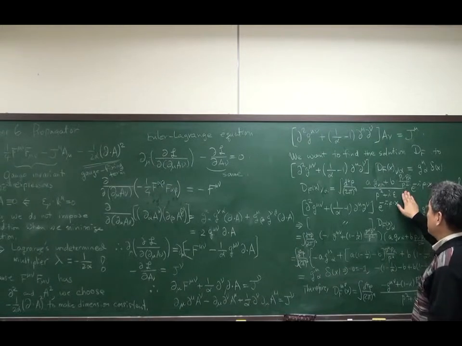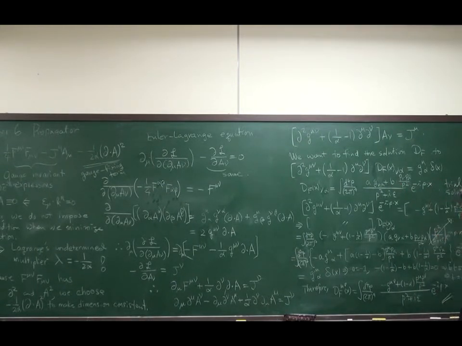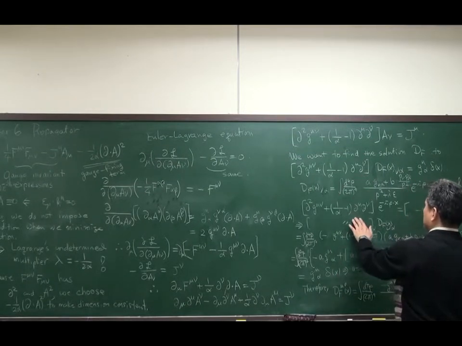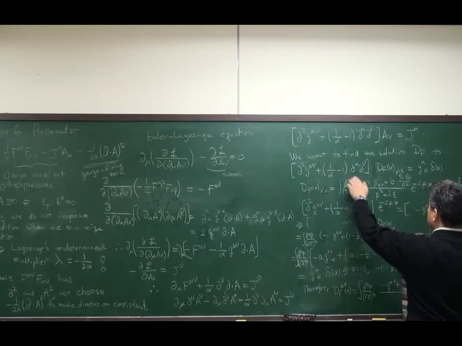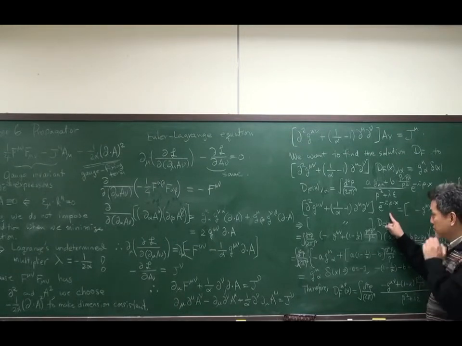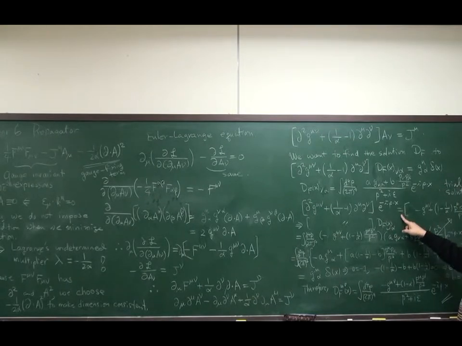So let us substitute this trial solution into the original equation. Then the same operator appears here, and that operator acts only on the exponential factor that has x dependence. If I take the derivative twice, then I have minus p squared.